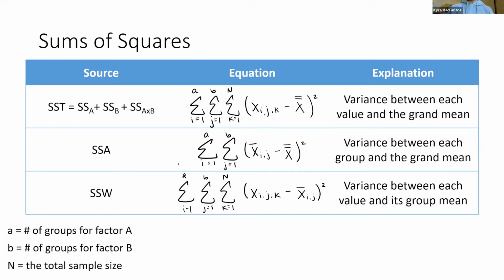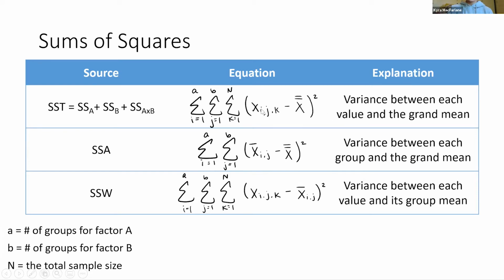I'm not going to get super bogged down in these equations right now. But generally, the sum of squares total, the total amount of variation in the data, is looking at the variance between each value and the grand mean.